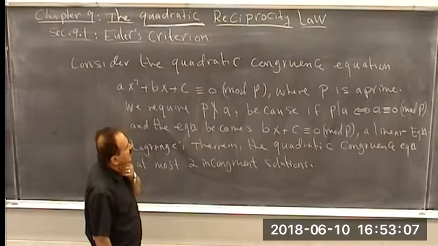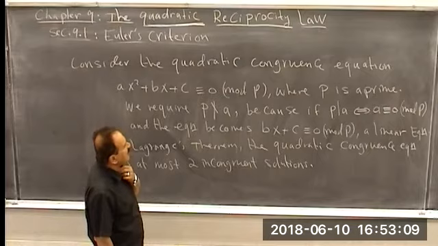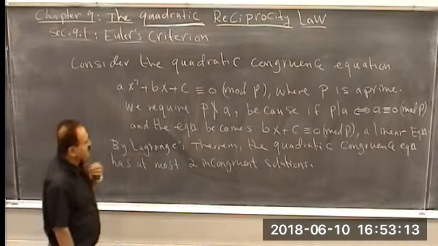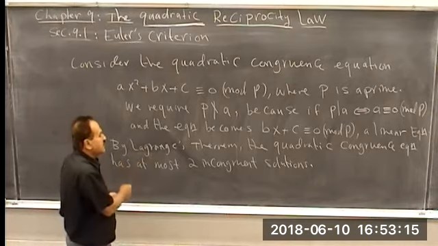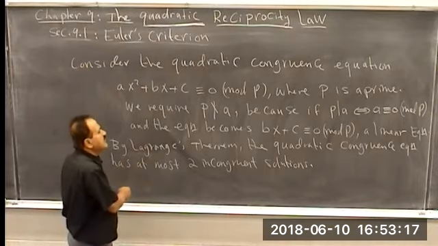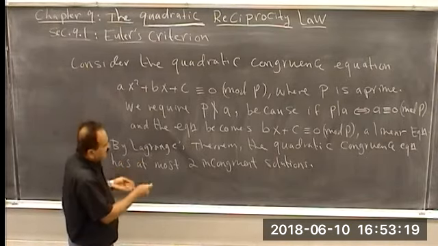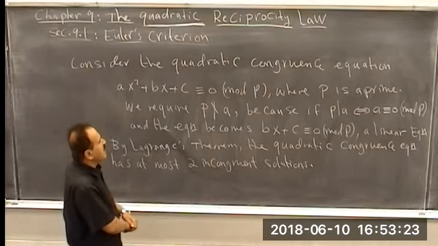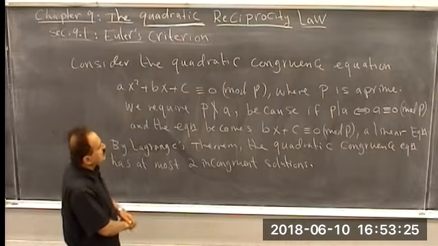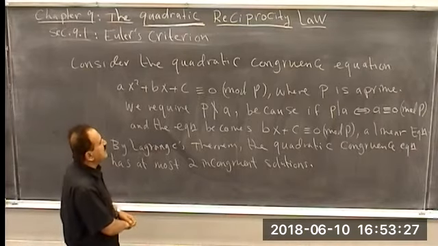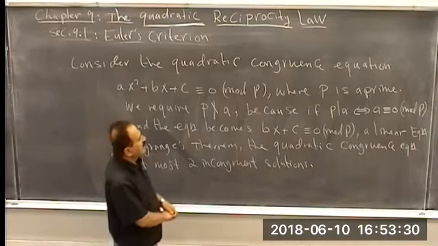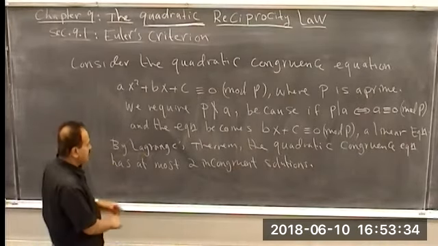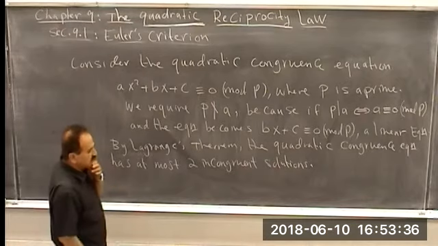And then in the case where p is an odd prime, we're going to show that we're going to have either no solutions, or exactly two incongruent solutions. So in other words, the even prime 2 is an exception because it doesn't follow this nice characterization, no solution or two solutions.